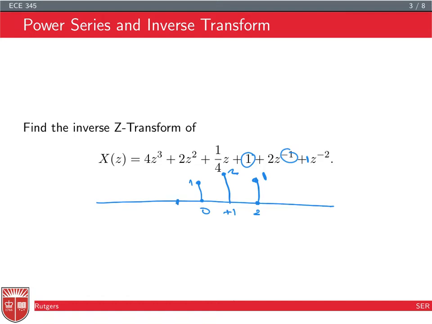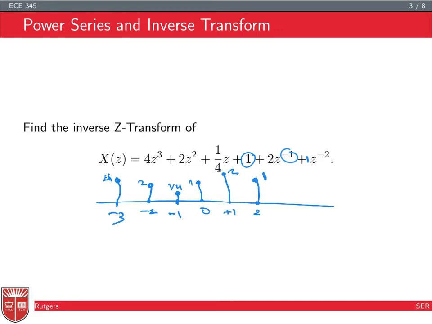So here is 1/4, so at -1 the value is 1/4, at -2 it is 2, and at -3 it is 4. And this is exactly what the inverse is. So this is the signal.